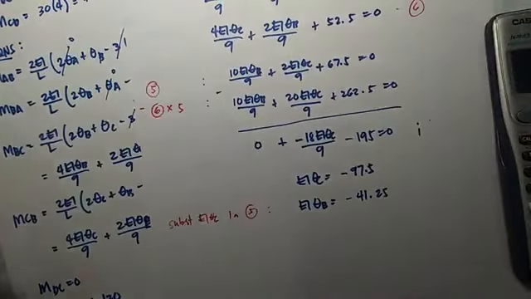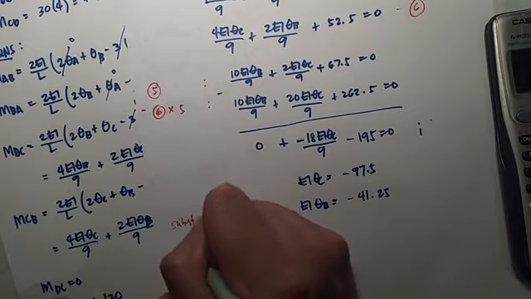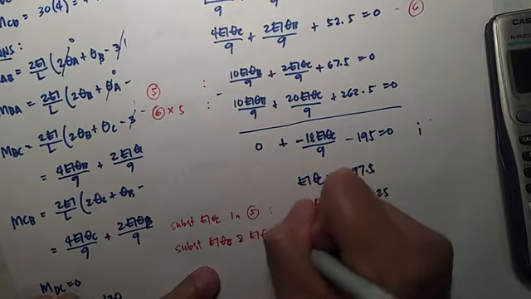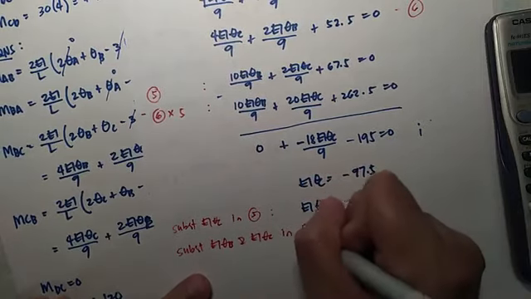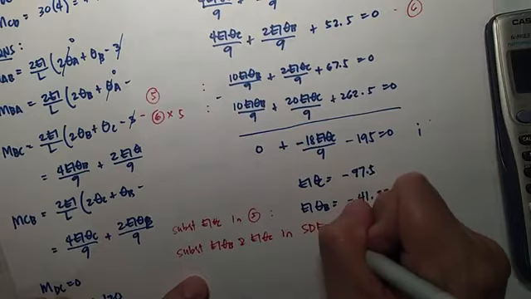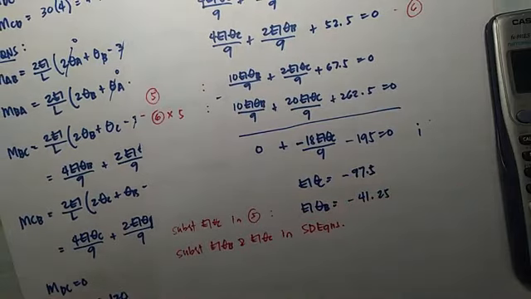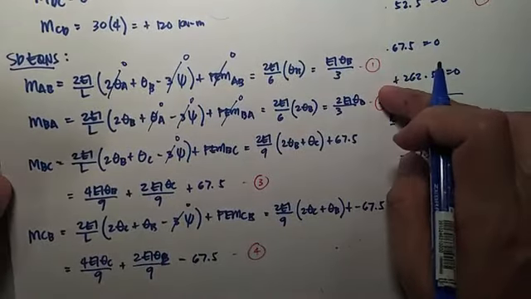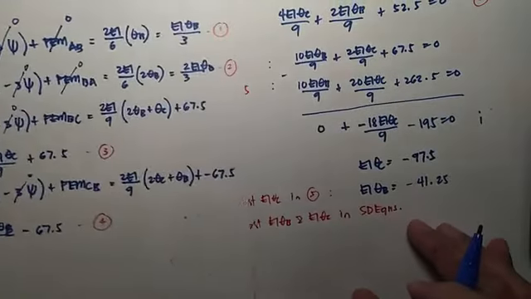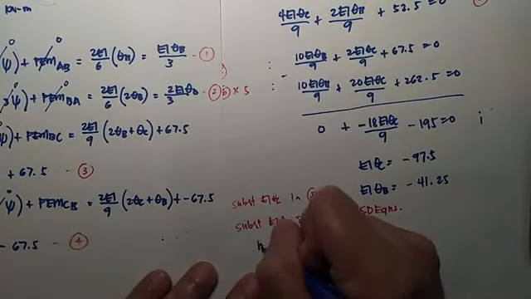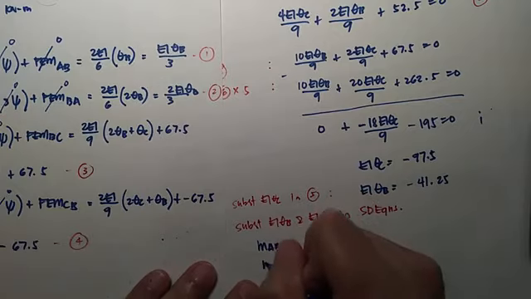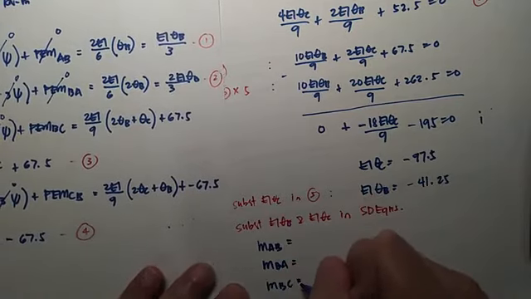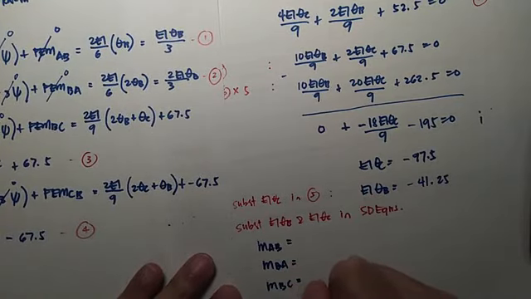Okay, so ito na nga yung theta B and theta C. So i-substitute natin itong EI theta B and EI theta C in slope deflection equations. Masosolve mo dun yung mga slope deflection equations natin. Ito yung equations 1, 2, 3, and 4. Pag sinubstitute mo yun, makukuha mo yung moment sa AB, moment sa BA, moment sa BC, saka moment sa CB.